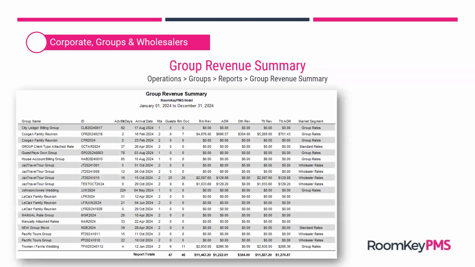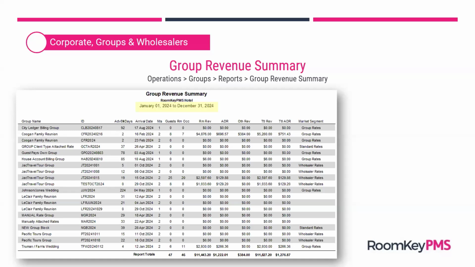Now, this group revenue summary can be pulled for 1 full year. As mentioned, this is one of those rare reports in Roomkey that allows you to pull data for a full year's worth of information, or full year date range. So when you generate this report, you want to make sure that you're selecting January 1st, 2024 to December 31st, 2024.